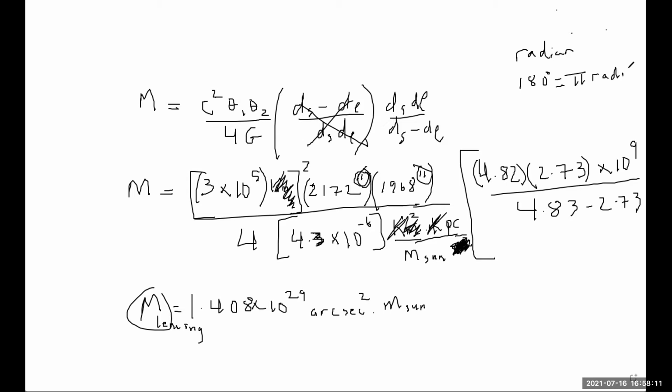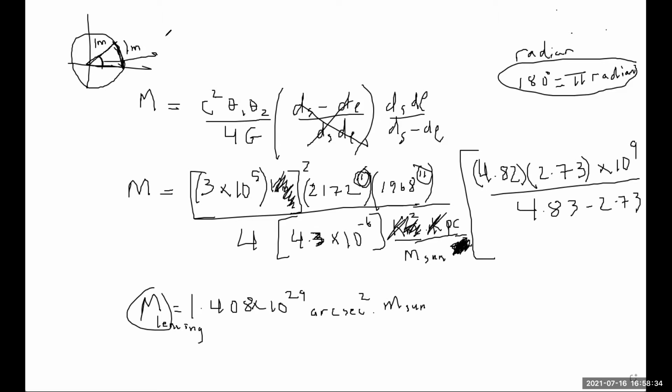The way it's defined is that if a certain arc length of a circle is 1 meter, and the radius of that circle is also 1 meter, that circle subtends an angle of 1 radian.